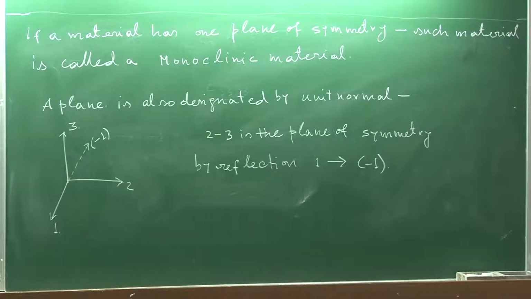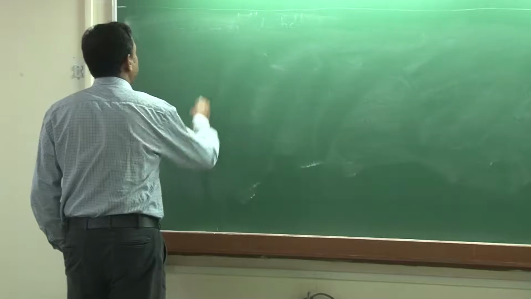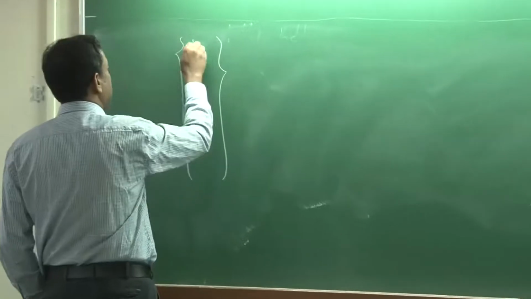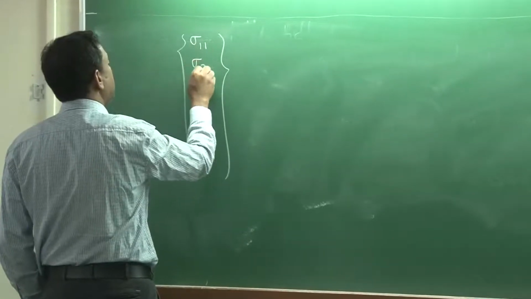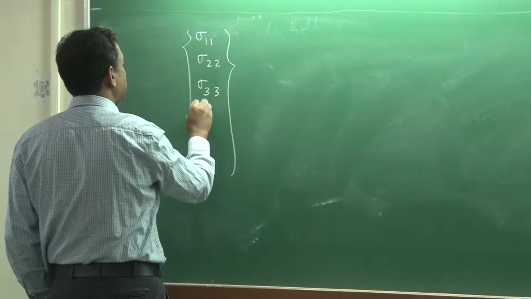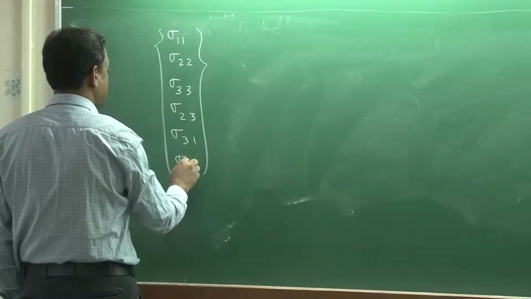We have seen that until now we have reduced to 21 constants. So, we will further reduce it. You just write the stress-strain relationship: sigma 11, sigma 22, sigma 33, sigma 23, sigma 31, sigma 12.